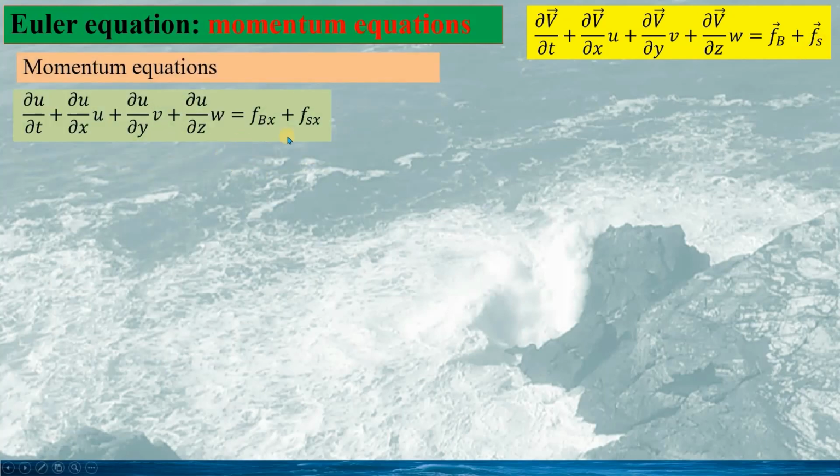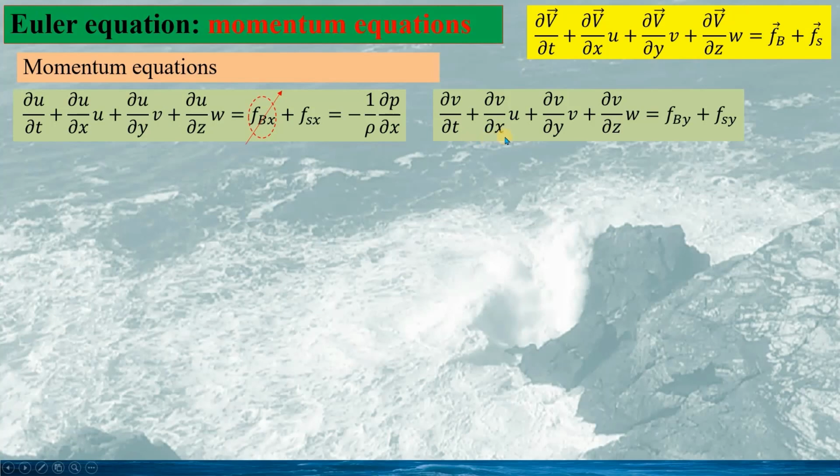The momentum equation on the x-axis would be given as this, with the body force component and the surface force component on the x-axis. As we have shown in the previous slides, the body force on the x-axis would be 0. Therefore, we can put the surface force due to the pressure in the momentum equation as this.